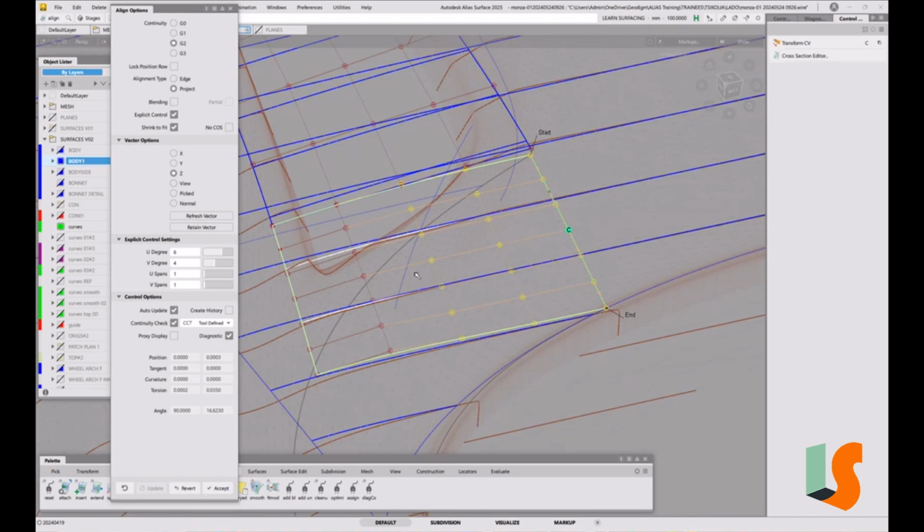So I can either put blend on. Well, there's a number of options. One option is just to say, well, let's just drop the degree, and I think that's probably the most sensible thing to do, because we just try and keep it as simple as possible. The other thing is, because I've done trim convert on this surface, I've ended up with degree 6 here. Probably not necessary. So again, every time you've got an opportunity to drop the degree, just do it, because it just means the model's simpler.